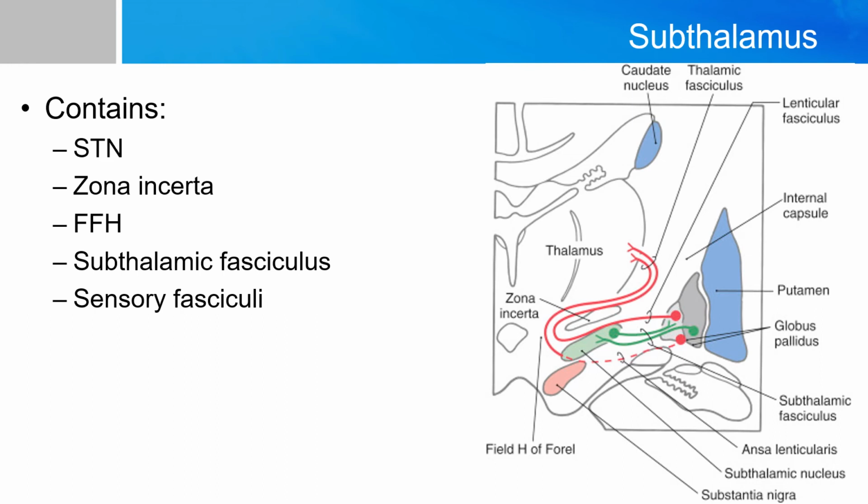There are, in the subthalamus, a few important white matter tracts, namely for the most part the Forel field fibers that we covered in the previous slides, as well as a few others: the subthalamic fasciculus, which carries the pallidosubthalamic and subthalamopallidal fibers, conveying reciprocal information between the subthalamic nucleus and the globus pallidus.